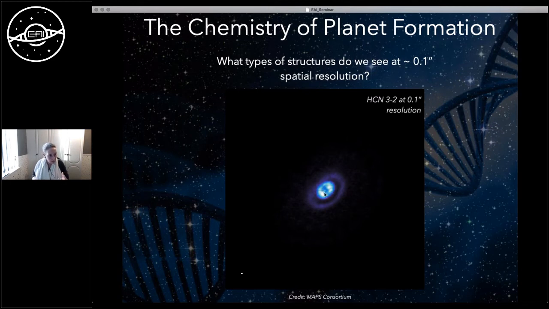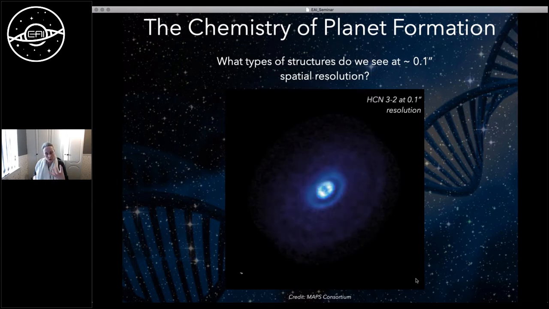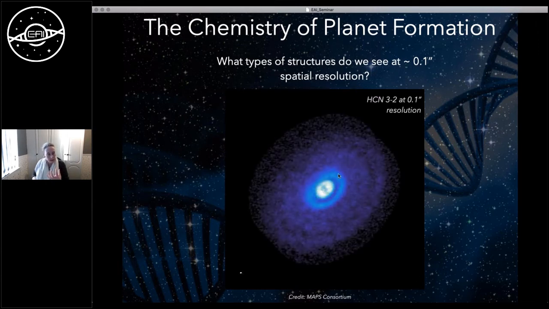We have a central ring of emission. It's not a central blob of emission anymore. And we also have this fainter outer ring, as well as a hint of extended emission in the outer disk. Because this is very high signal to noise data, we can put a stretch on this image, and I can show you the extent of that molecular disk out to a few hundred AU.